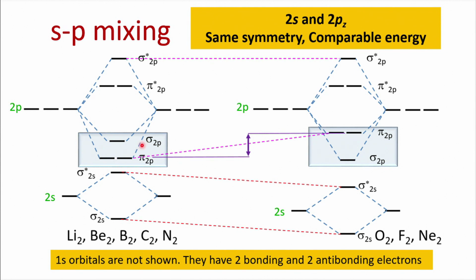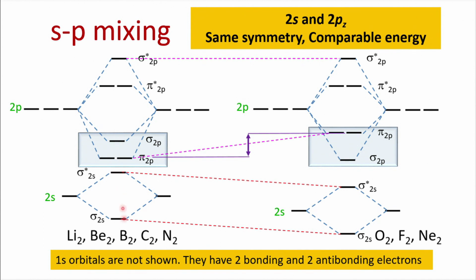To compensate for the lowering of the energy, the other sigma bond formed by the 2p atomic orbitals is raised in energy. So when these two mix, the 2s and 2s combine and their energy is lowered, and to compensate, the sigma orbital from 2p is raised in energy.